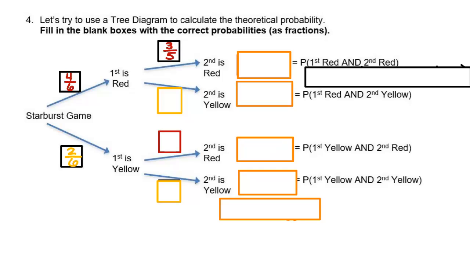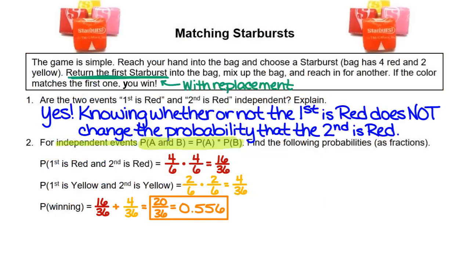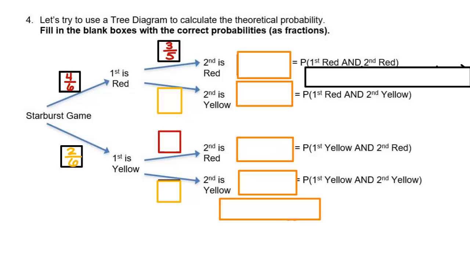To find the probability that the first one is red and the second one is red, do you remember back when I said for independent events, we multiply the probability of A times the probability of B? It's very similar for this, except this is not the probability of event B. This is the probability of event B given that event A already happened.